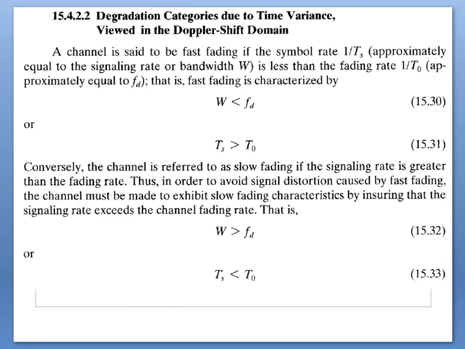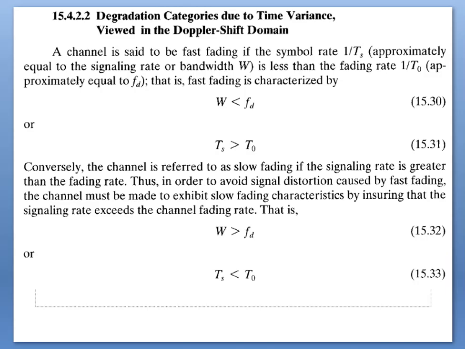For HF communication systems, such as teletype or Morse-coded messages transmitted at low data rates, the channel often exhibits fast fading characteristics. However, most present day terrestrial mobile radio channels can generally be characterized as slow fading.